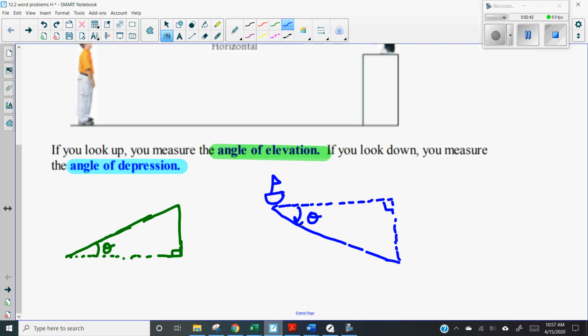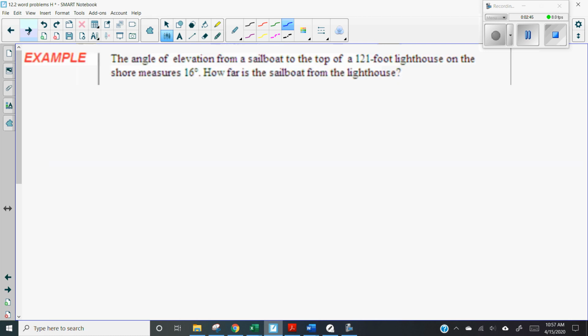Okay, so let's try an example. This one, we have the angle of elevation from a sailboat to the top of a 121-foot lighthouse on the shore measures 16 degrees. How far is the sailboat from the lighthouse? Okay, so we have a little boat. Here's the horizontal, it's laying on the water.